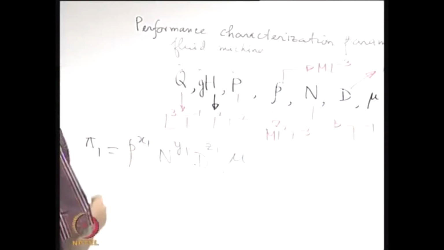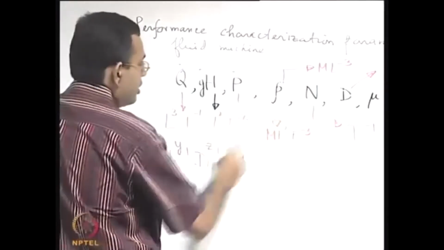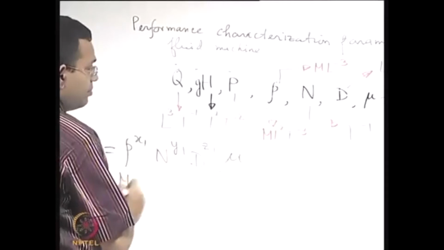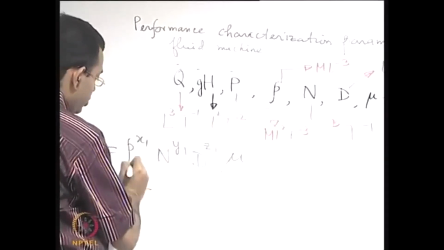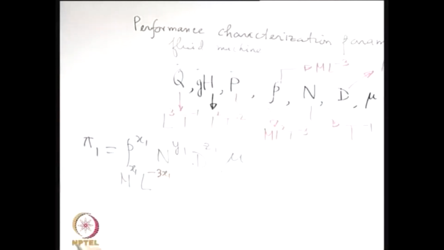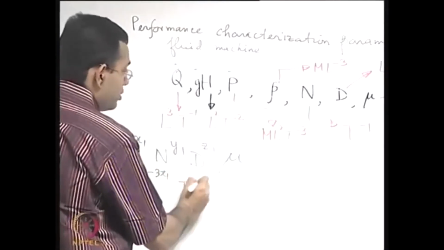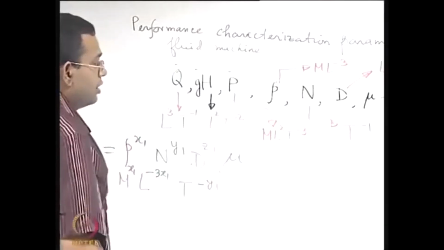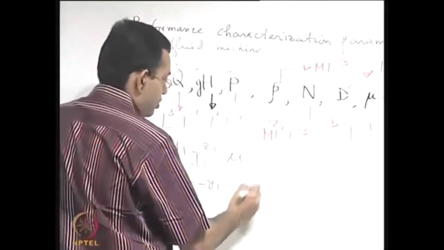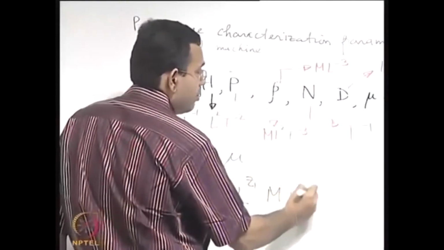So that means in terms of dimensions, rho to the power x1 is m to the power x1, L to the power minus 3x1, n to the power y1 is t to the power minus y1, d to the power z1 is L to the power z1, and mu is m L minus 1 t minus 1.